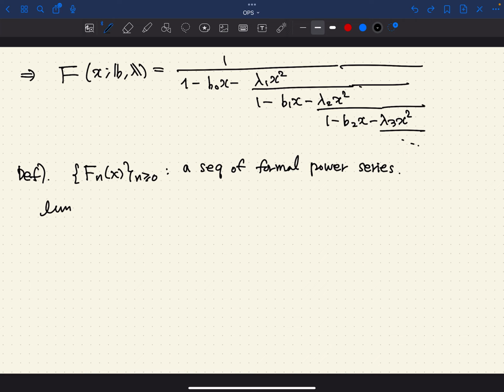What does a limit of a formal power series sequence mean?